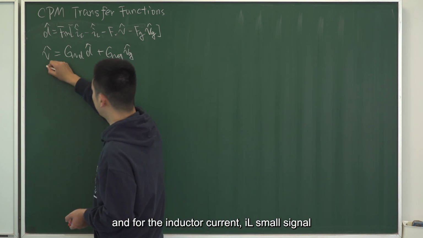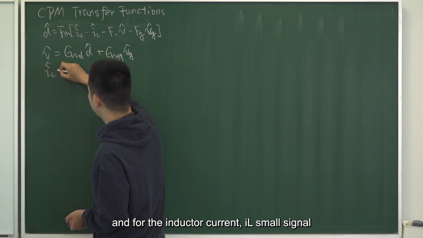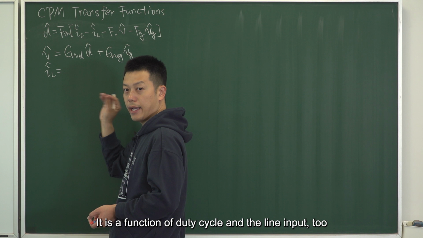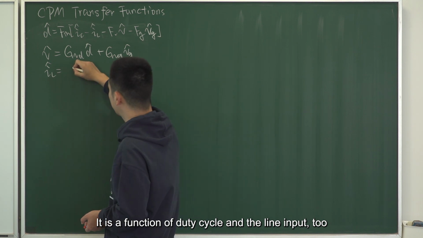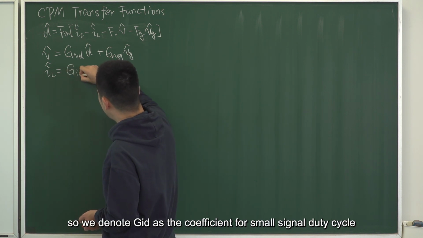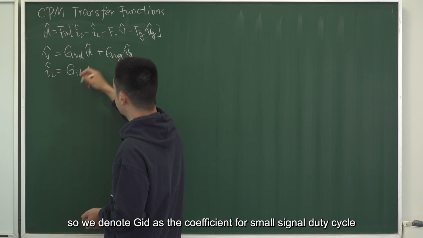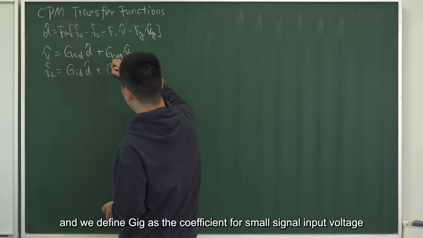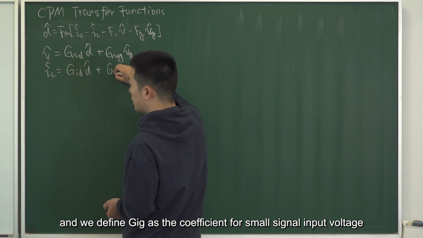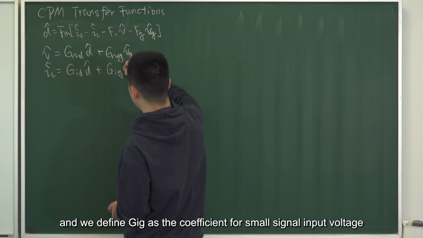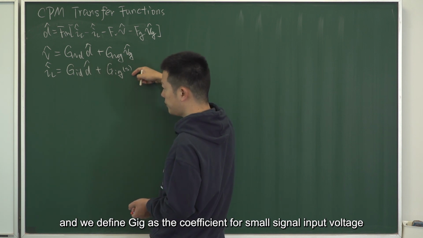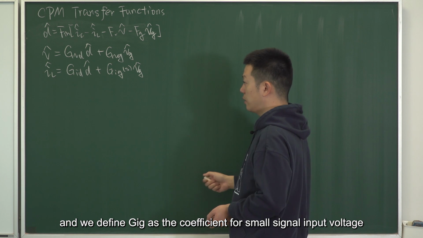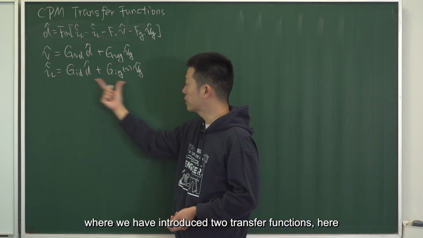And the small signal inductor current IL is a function of the duty cycle and the line input too, right? So we denote GID as the coefficient for the small signal duty cycle, and GIG as the coefficient for the small signal input voltage.